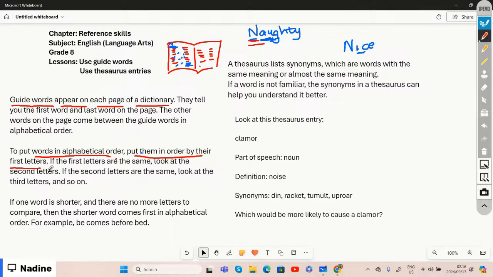So we need to put these words in alphabetical order, in the order of their first letter. And if the letters are the same, for example, if we have another word with an N and another word with an N, then you look at the second letter. And if both of those second letters are the same, you look at the third letter, and so on and so on.